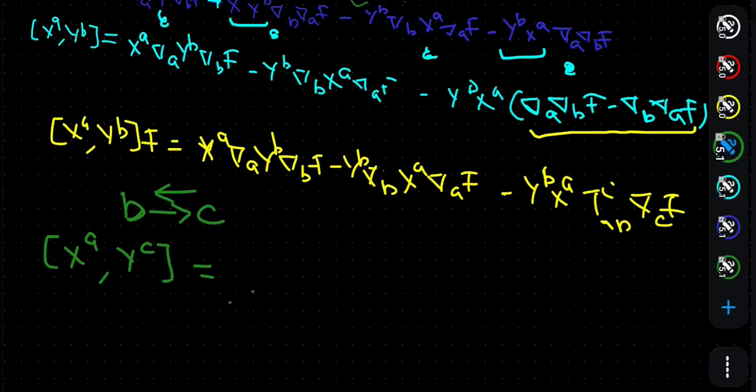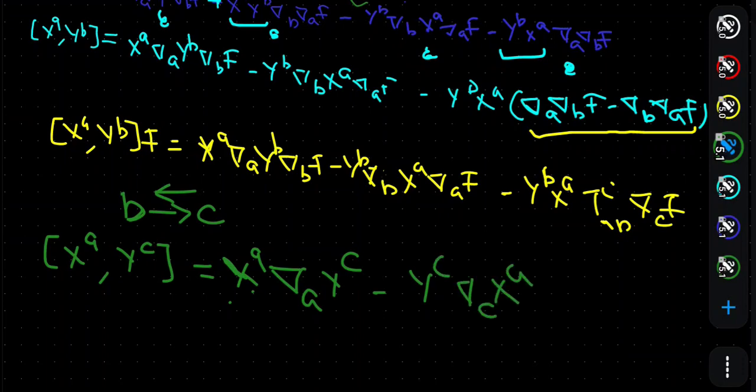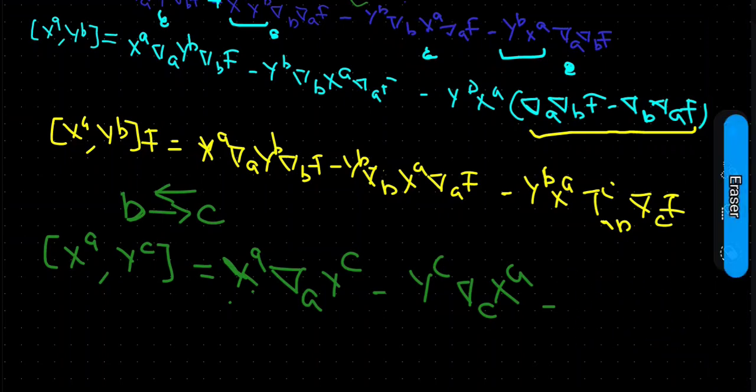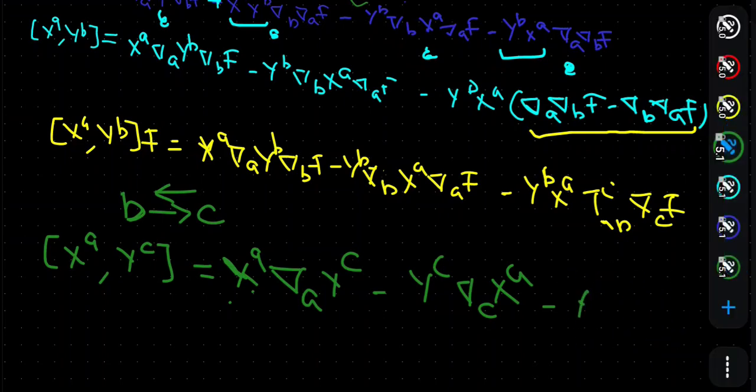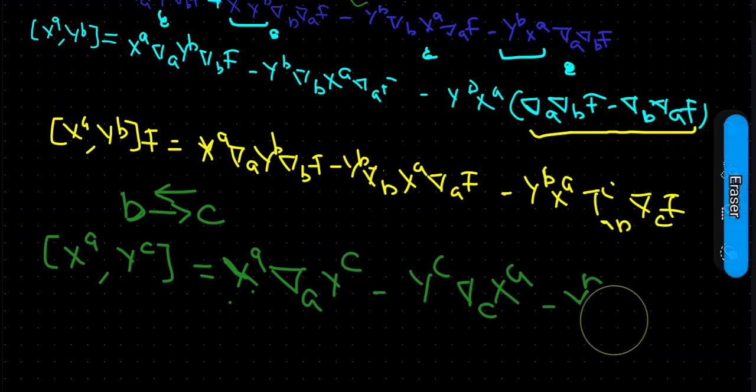You will get x^a, and this is the derivative operator on this particular y^c, minus similarly y^c del_c acting on x^a, minus y^c and x^a, it is a mistake here, we will mark it, it should be y^b x^b, c here.